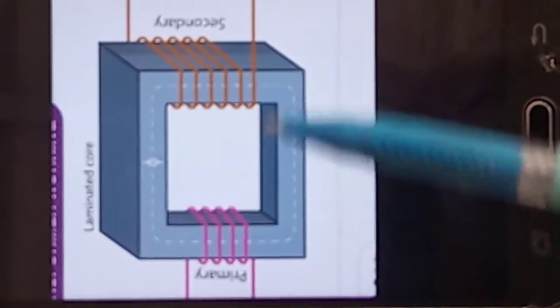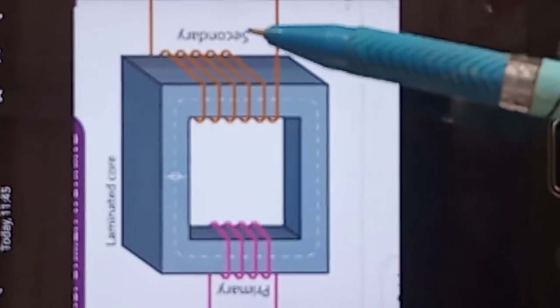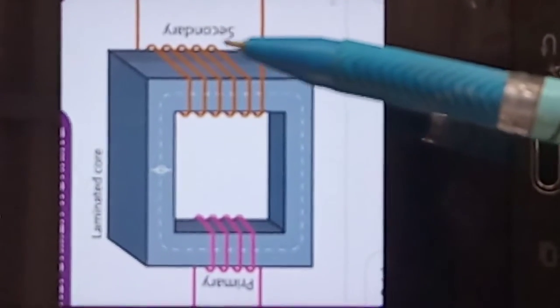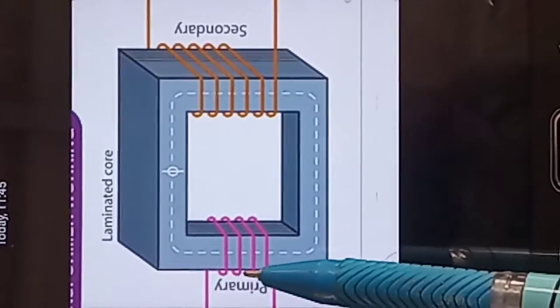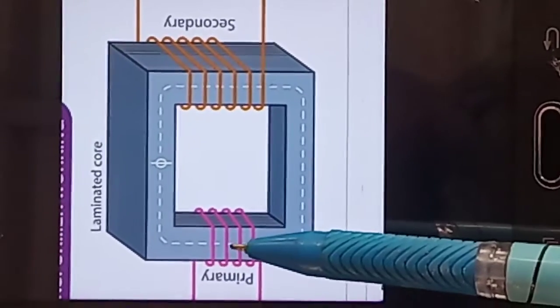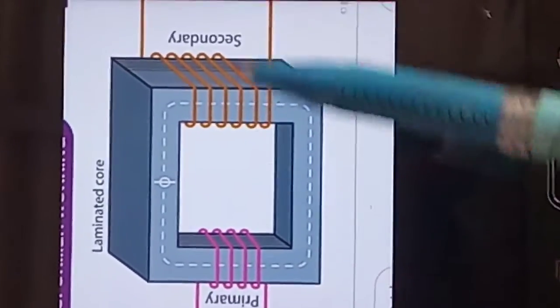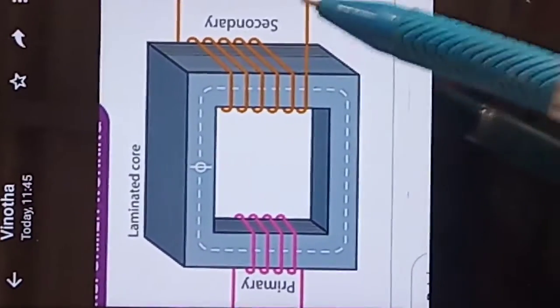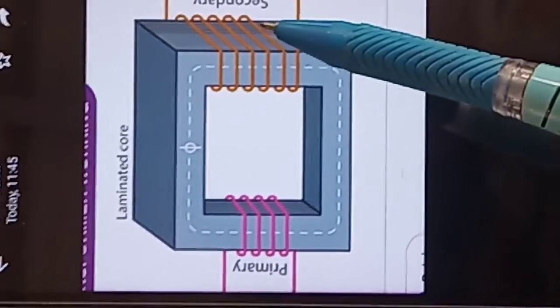The two coils are insulated from each other. The alternating current flowing through the primary coil induces the magnetic field in the iron ring. The magnetic field of the iron ring induces the varying EMF in the secondary coil.